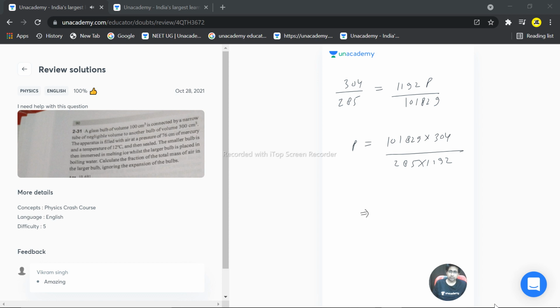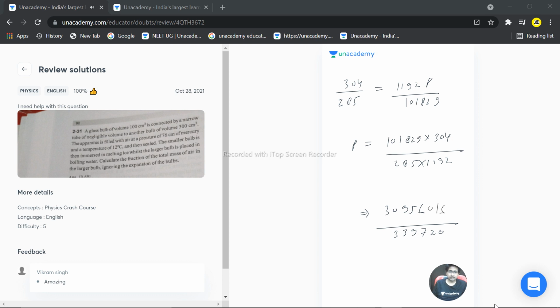First of all, let's multiply this. 285 multiplied by 1192 comes out to be 339720. And 101829 multiplied by 304 is equal to 30956016.